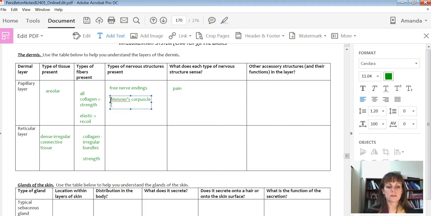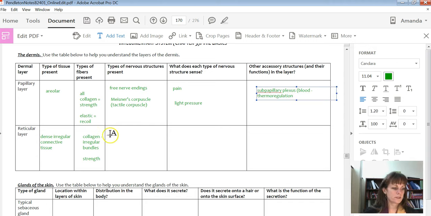You may also see that written in your textbook as a tactile corpuscle, and that is going to sense light pressure or light touch. The other accessory structure we have here is the subpapillary plexus, which contains blood, and that's very important in thermoregulation.